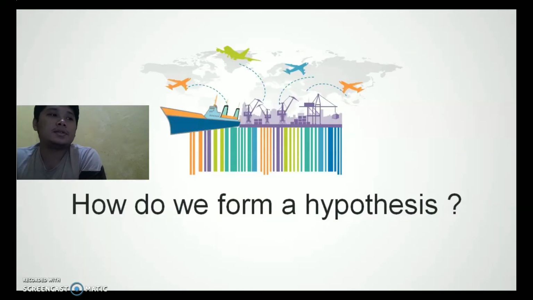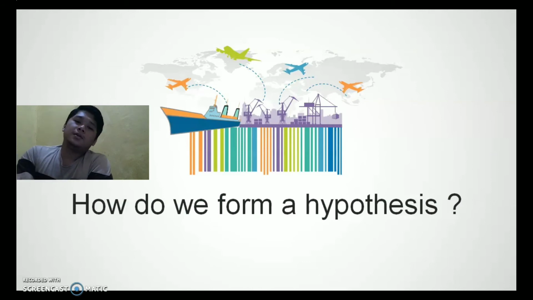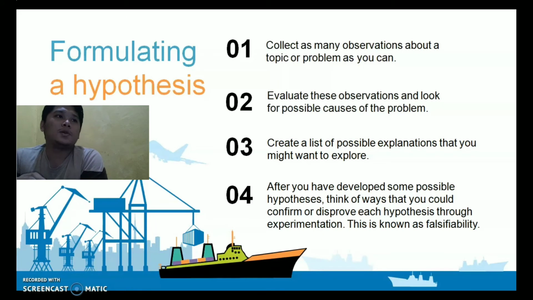Now, here's the main topic. How do we form a hypothesis? So, in formulating a hypothesis, there are four steps. The first step is collect as many observations about the topic or problem as you can. The second step, evaluate these observations and look for possible causes of the problem.